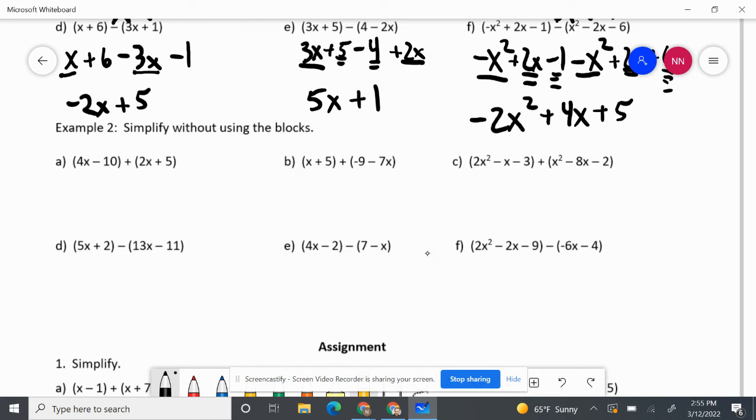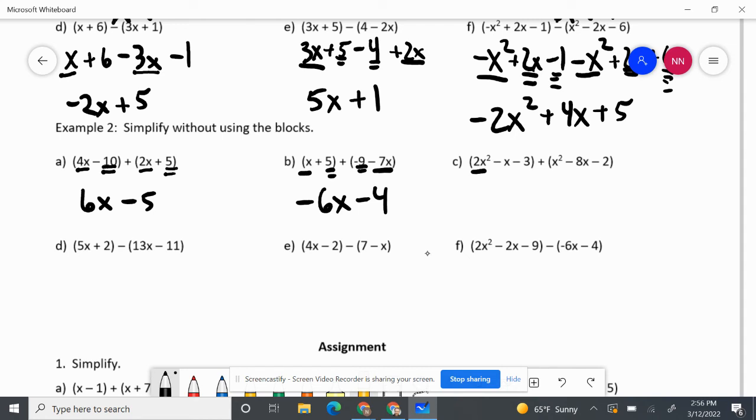Okay, looking at the first one, 4x and 2x is 6x. -10, +5 is -5. We have x and -7x is -6x. We have 5 and -9, that would be -4.